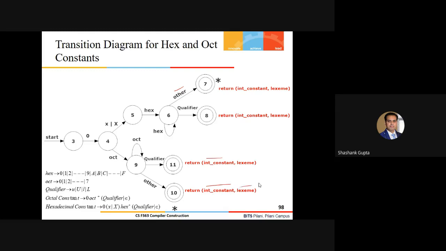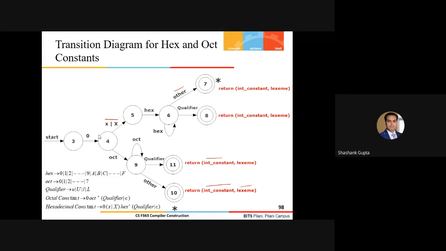Fine, students, any comment up to this point? So can we use the same final states for both hex and oct? Both final for hex and oct, but somehow this is going to overlap with this guy, right? Because the representation is different here. So hexadecimal constant has to start with the 0x and it has to start with the 0.